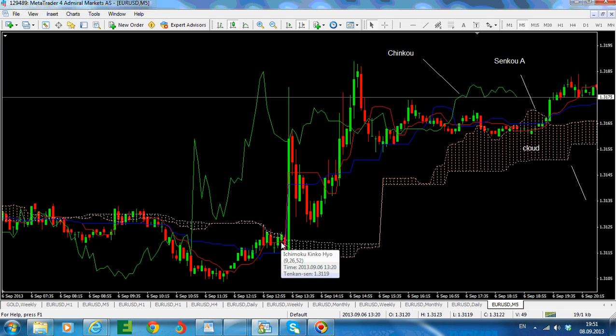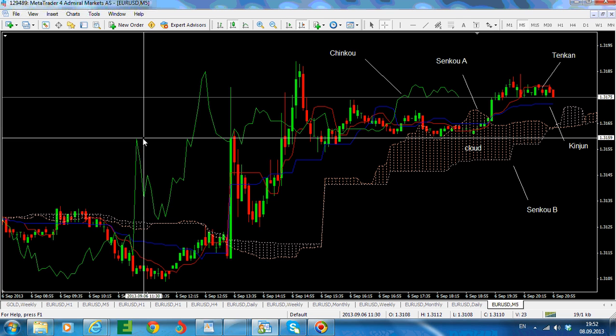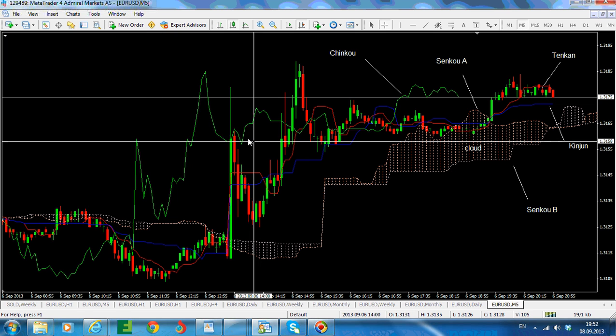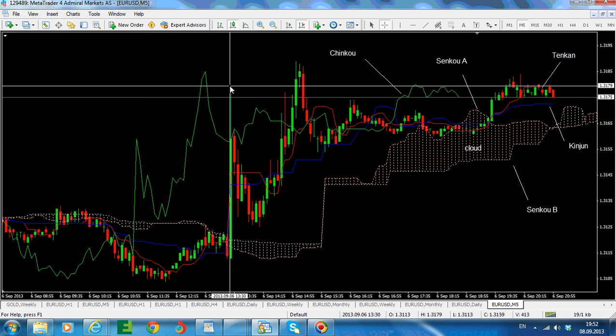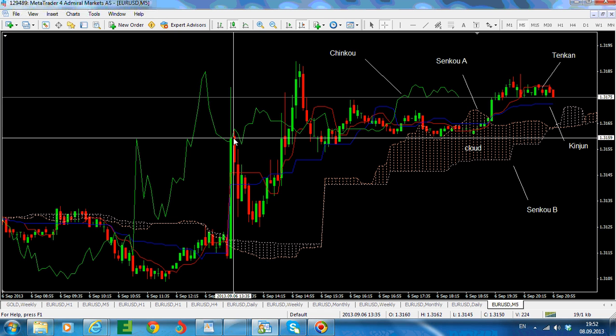One extremely important thing is that Chinkou does not take into consideration the shadows of the candles you see there. So the candles are here, but the Chinkou is not taking into consideration the shadow of the candle. See here, the actual price went to the upside 131.79, but closes at 131.59.